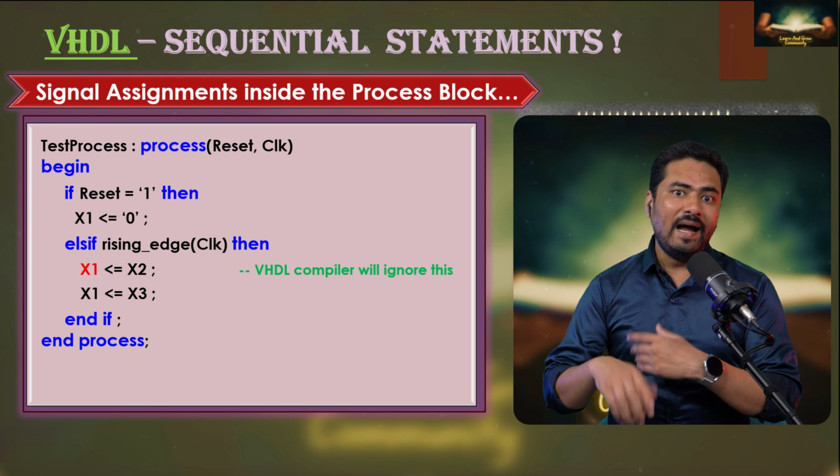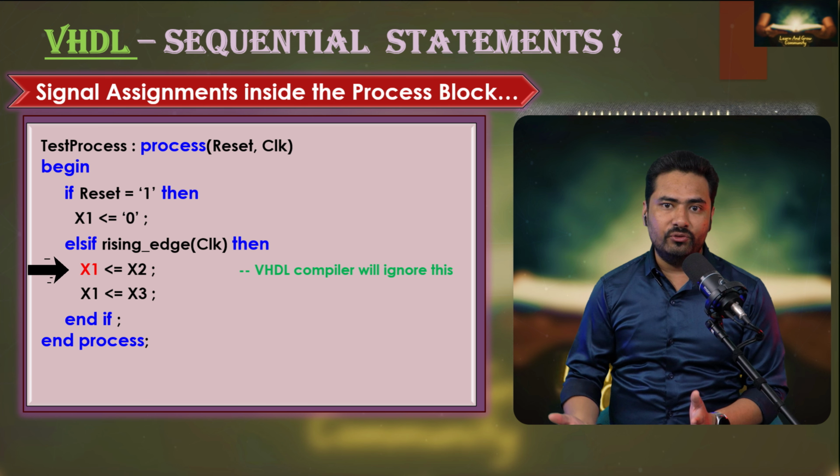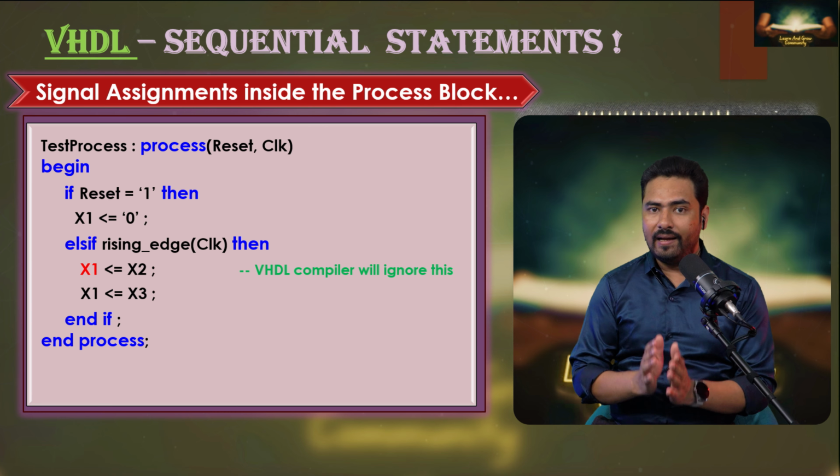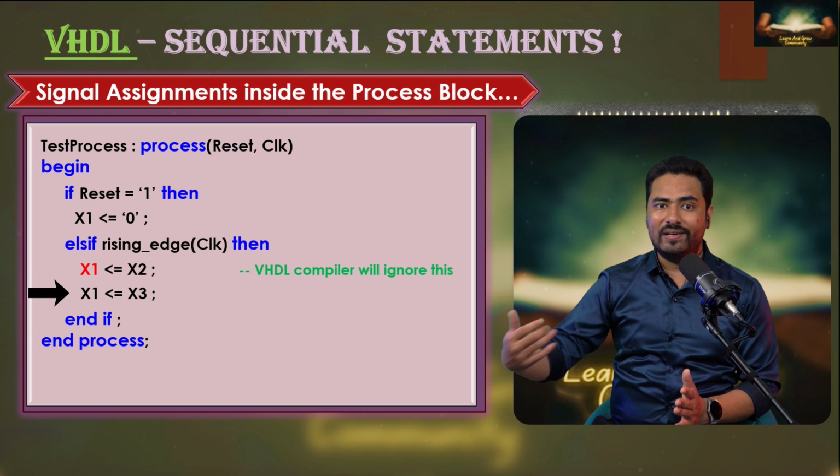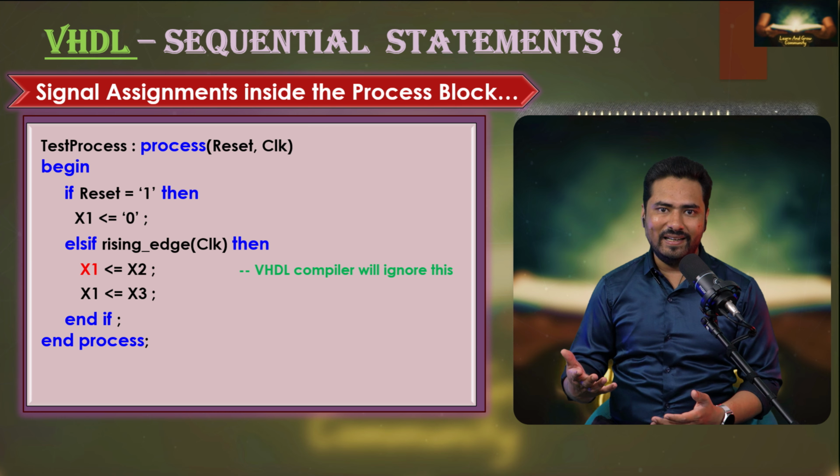In this process, I have assigned X2 to X1, and in the very next line, I have assigned X3 to X1. So what happens then?